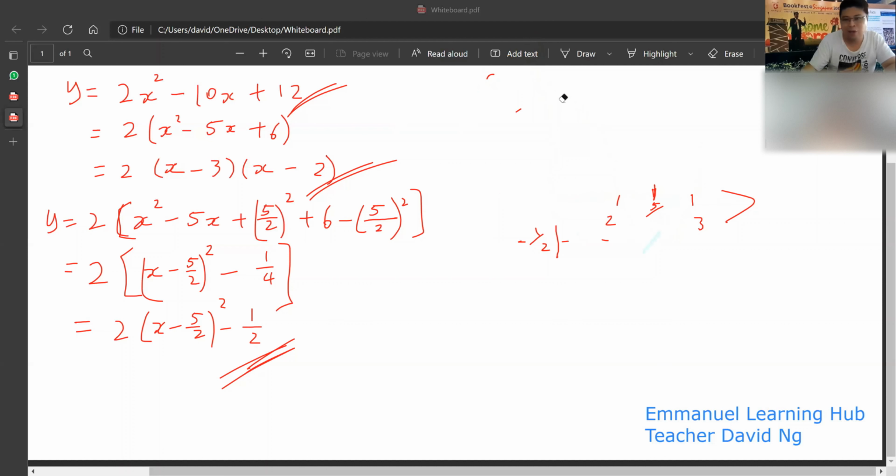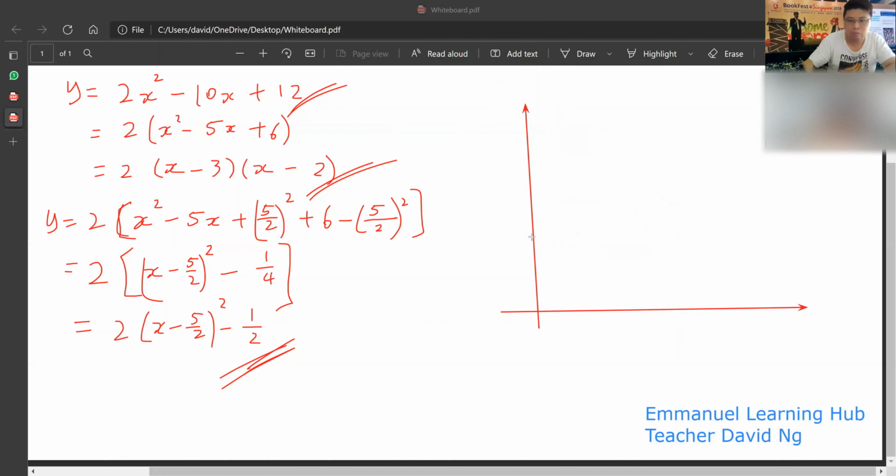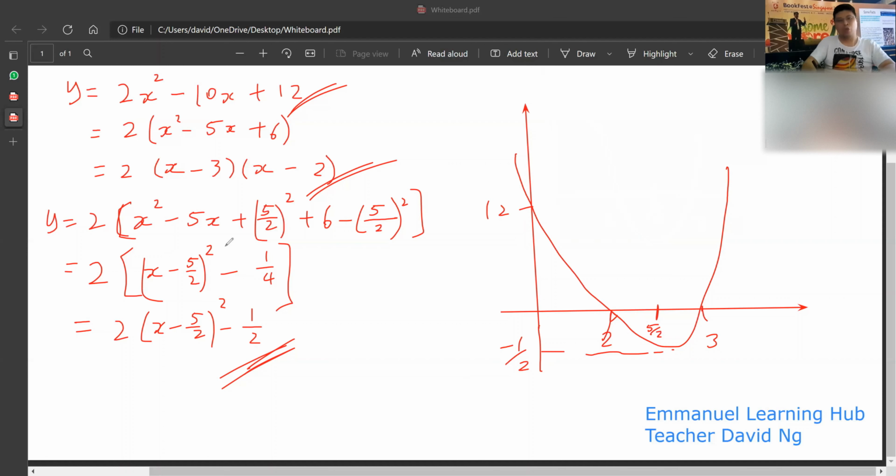Okay, let me draw this thing again now. Let me draw nicely here. The turning point. So you need 3 equations now to draw the curve.